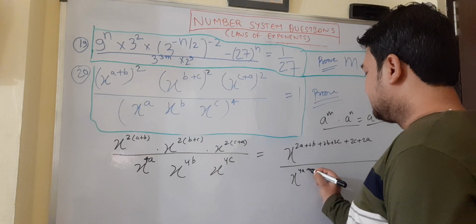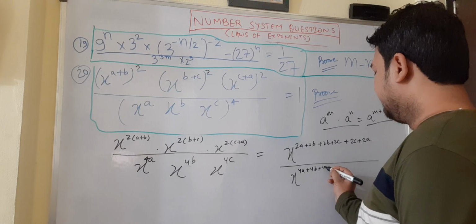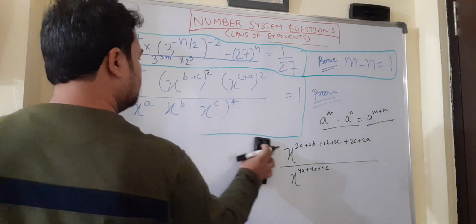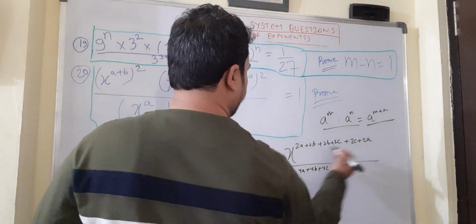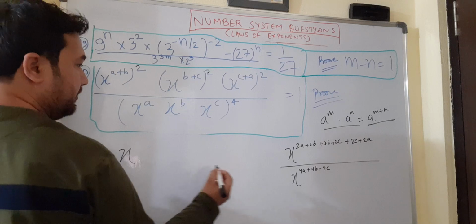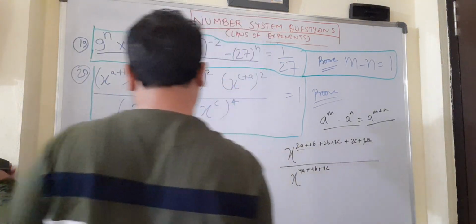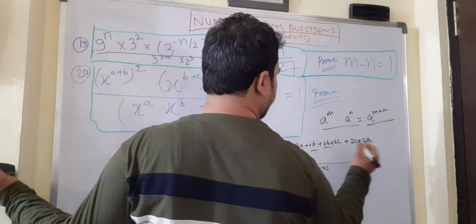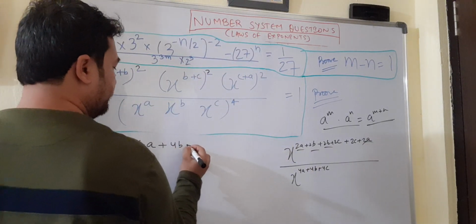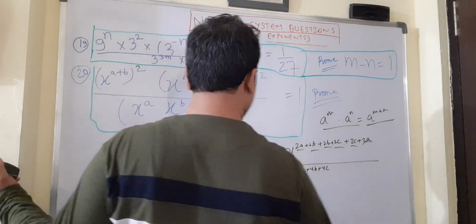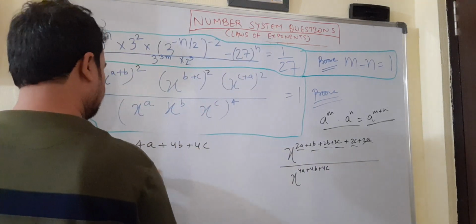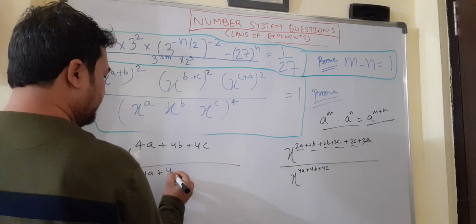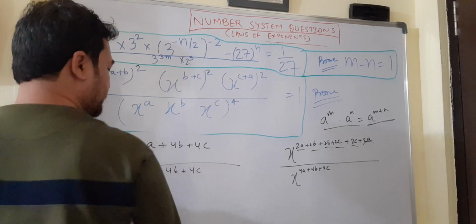It will become 4a plus 4b plus 4c. What do you get from here? x to the power 2a and 2a, 4a, plus 2b plus 2b, 4b, plus 2c plus 2c, 4c, divided by x to the power 4a plus 4b plus 4c.